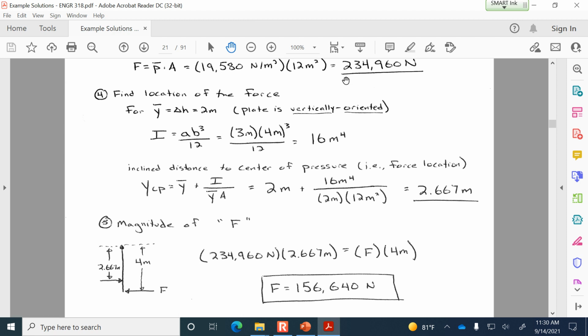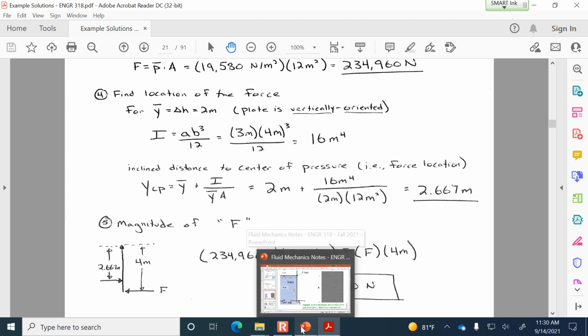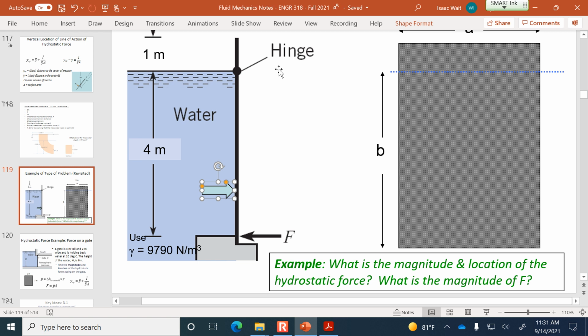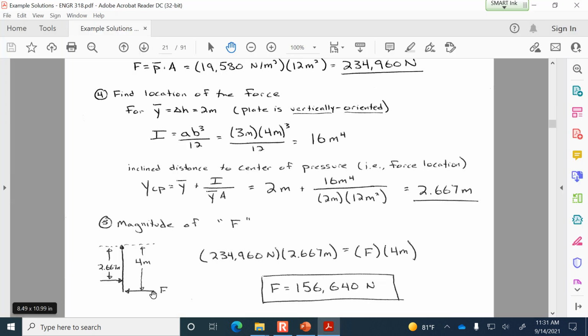The magnitude of it is 234,960. And then F has a moment distance of 4 meters. So that's the distance vertically down from the pivot point. Here's this hinge. And so it's going to be some force acting at 4 meters resisting this known force of 234,960 acting at a distance of 2.667 meters.